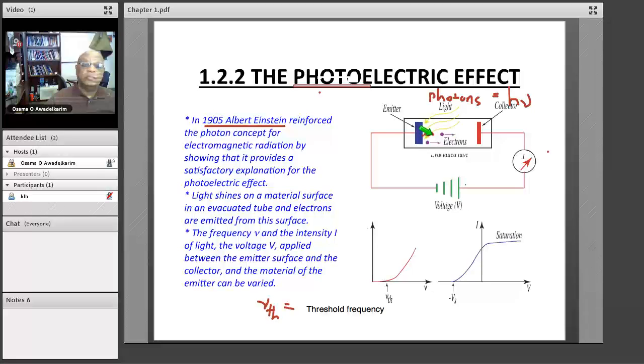So an electron absorbs the energy from the photon, and this energy should be enough to free the electron. So when the threshold frequency is reached, the energy of the photon is h nu, and this energy of the photon is exactly equal to the energy needed.